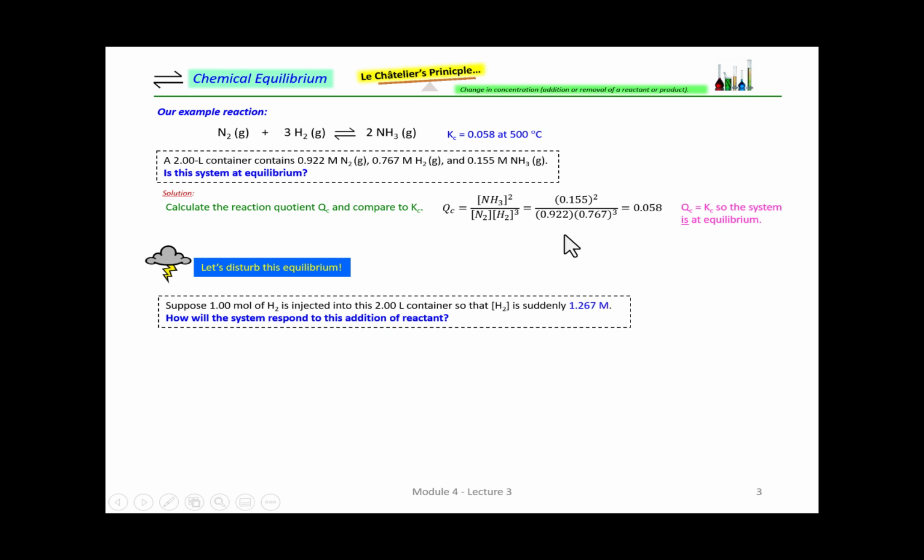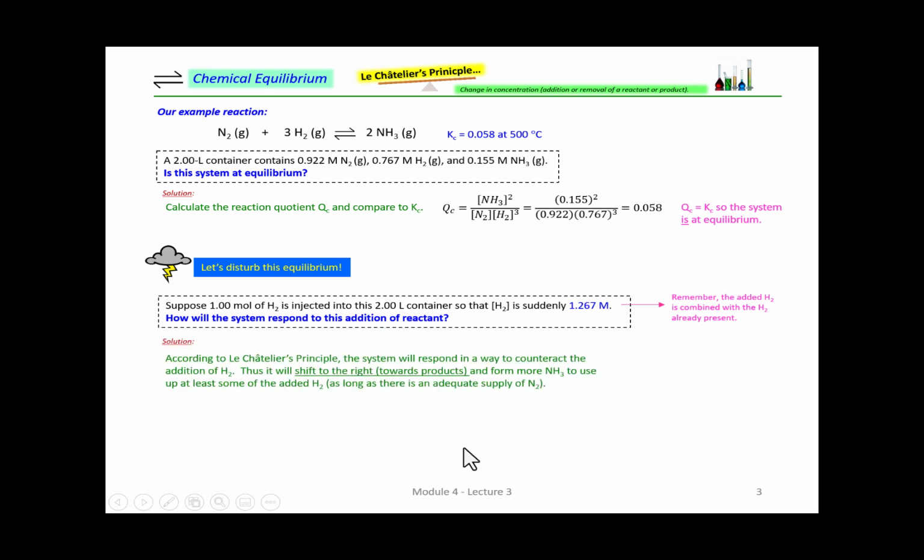So remember, it's at equilibrium here when the concentration of hydrogen is 0.767, and we're going to add an extra mole of hydrogen to bring the total concentration of hydrogen up to 1.267. That would be what we added plus what was already there.